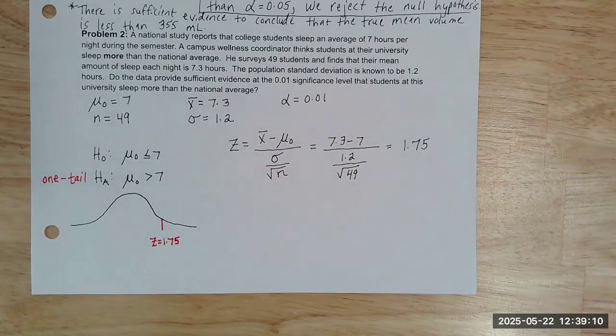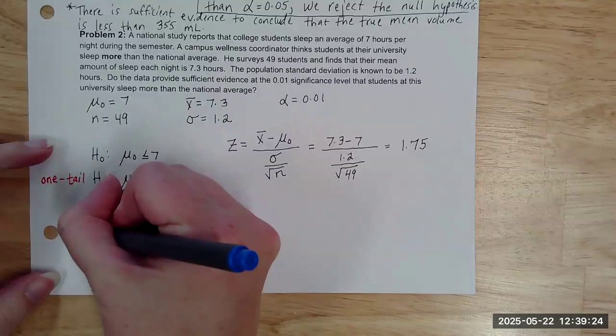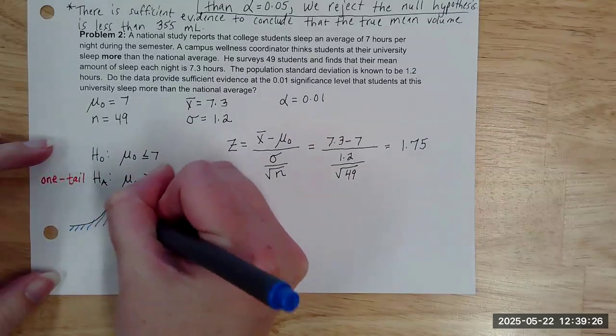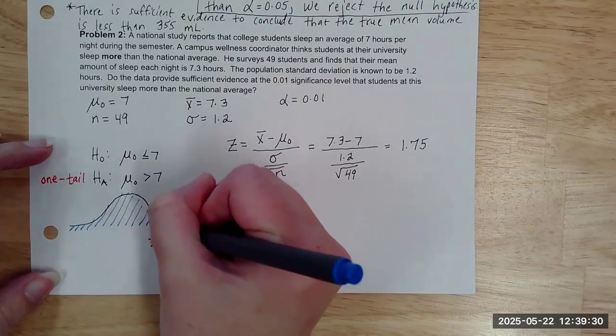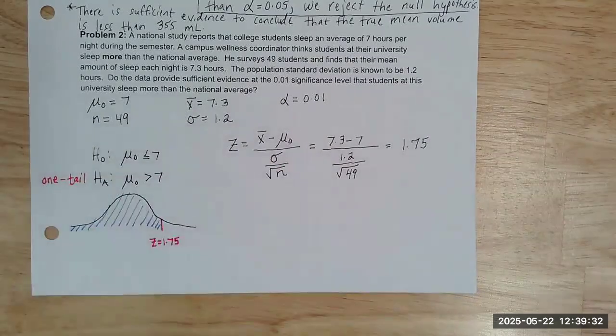Okay. And here's something that we have to keep in mind. The Z table is going to give me this area all the way up to that number. So I'm going to shade that part in with blue. This is what the table is giving me. It's giving me this whole area all the way up to that Z value of 1.75.